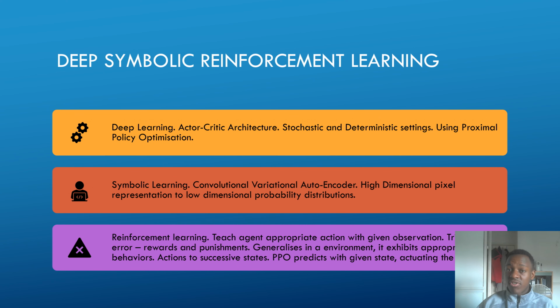So the learning algorithm for this project is deep symbolic reinforcement learning. It was deep learning as the actor-critic architecture had several layers and it requires several steps to optimize each of the weights. It was trained in both a stochastic and deterministic setting because firstly, an agent would run for 5 episodes a policy and it didn't know what the next stage was, and that was in the simulation.